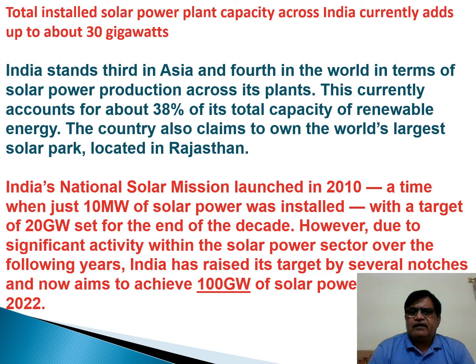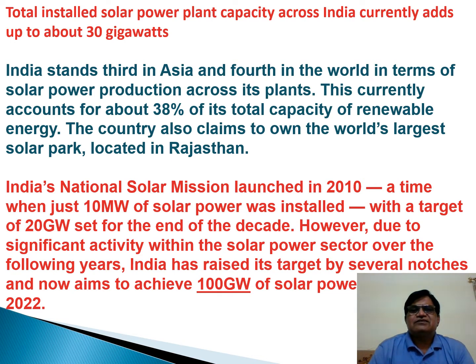The target was to achieve 20 gigawatts by the end of the decade, that is by the end of 2020. But due to significant activity in the solar power sector over the following years, we aim to achieve around 100 gigawatts of solar power by 2022.